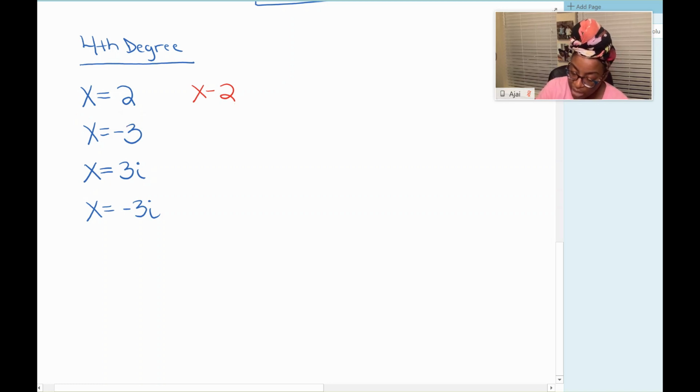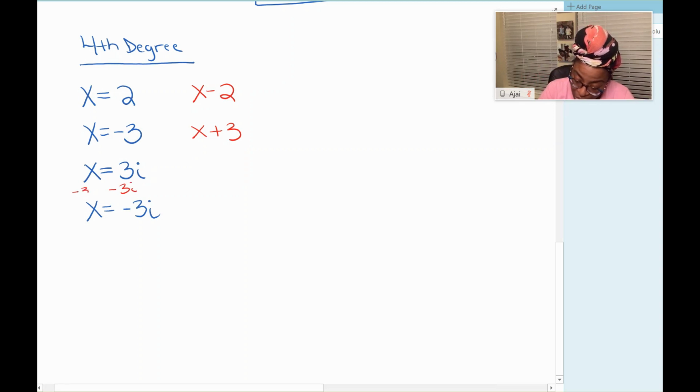And now let's look at the next one. In order to move this, I have to add the 3. So that's going to be x plus 3 to move it to the other side. And then the next one has i's in it, but your procedure doesn't change just because you have an imaginary number there, right? So you're still going to move the 3 over by subtracting it.